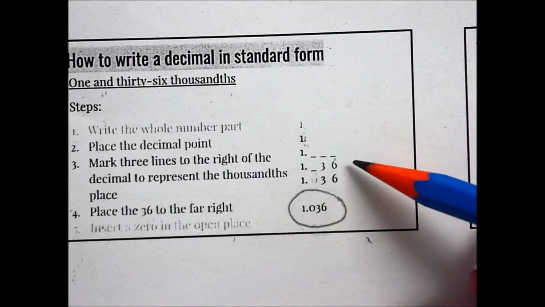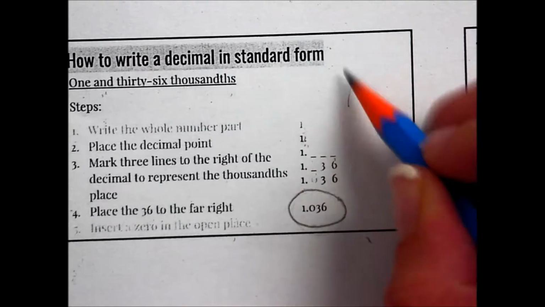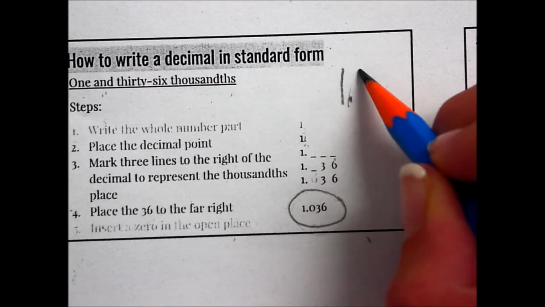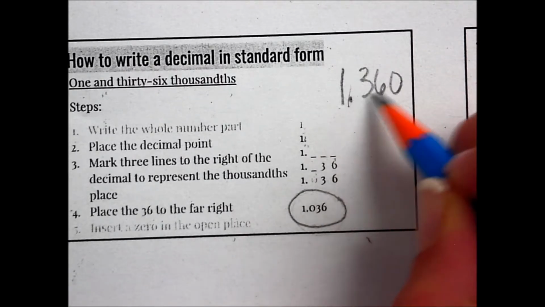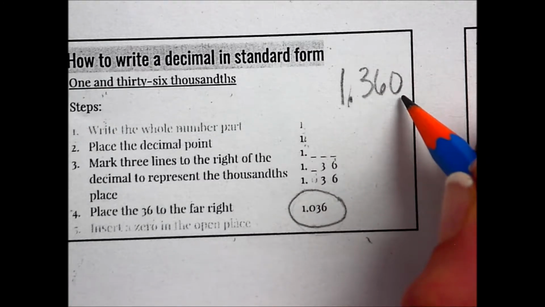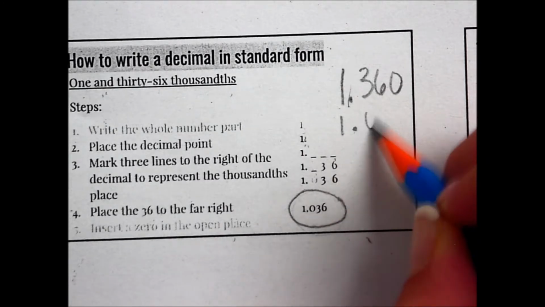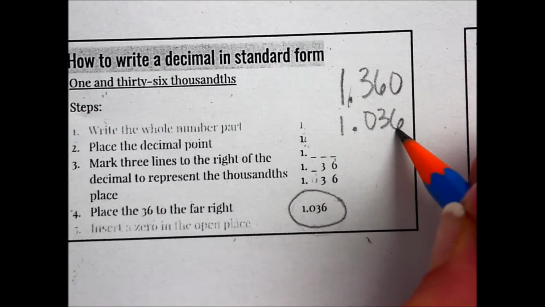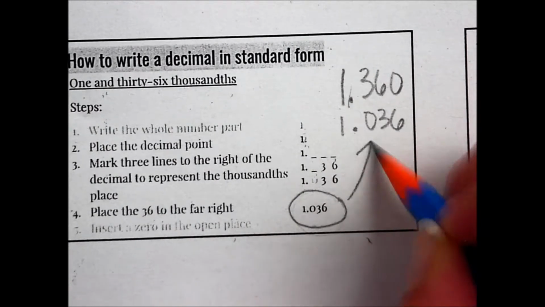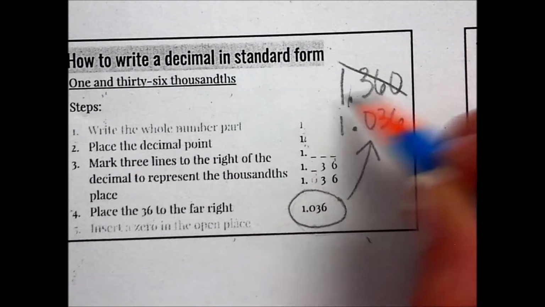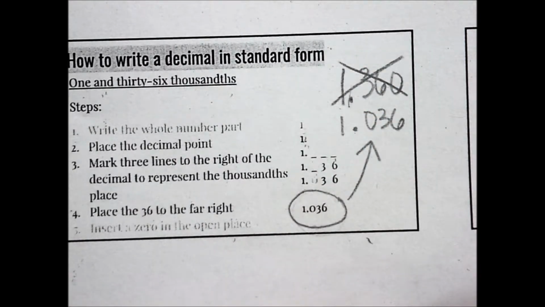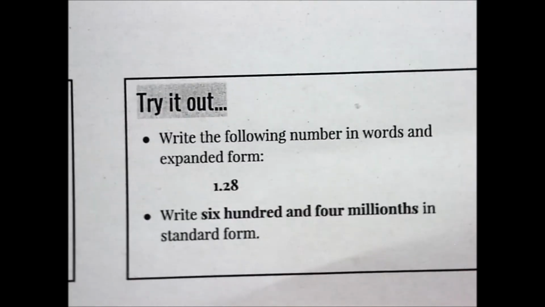But that's a problem because 1.360 is 1 and 360 thousandths. 1.036 is the correct way to write 1 and 36 thousandths. So this is incorrect.